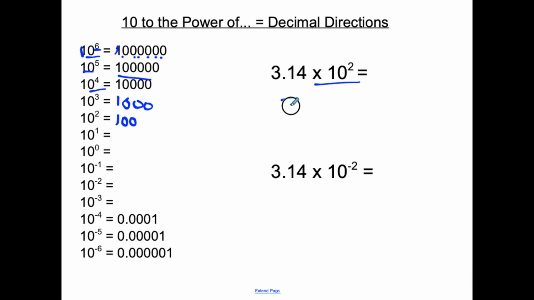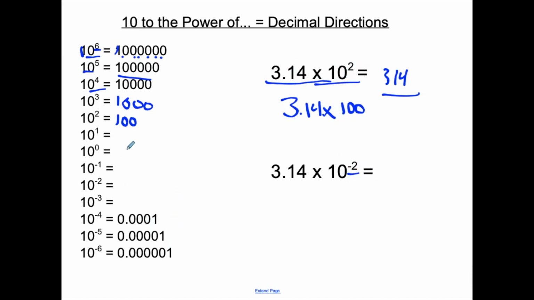So I could rewrite this equation as 3.14 times 100, which is 314 in standard notation. Now, I know it looked like I just solved a math question, but that's what it is. This is how you write numbers scientifically, multiplying by 10 to the power of something so we have a manageable number.